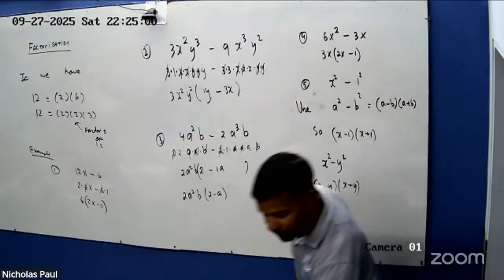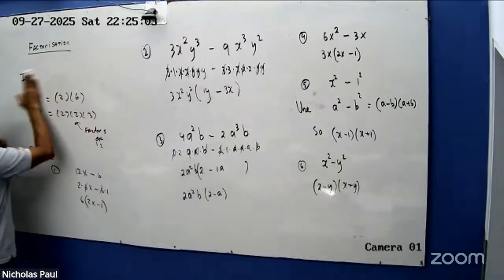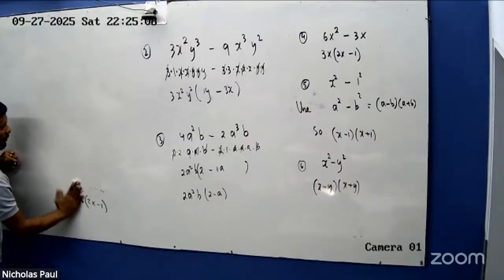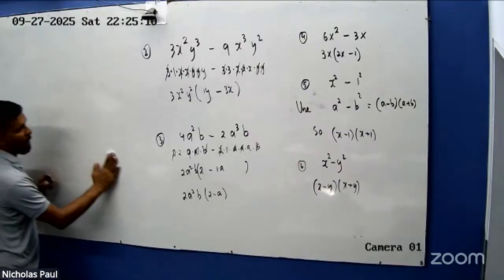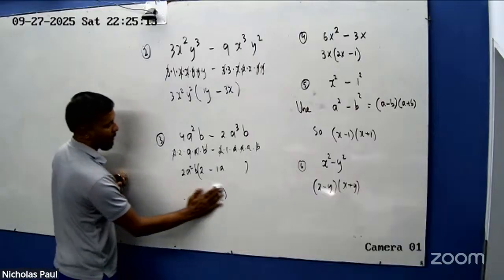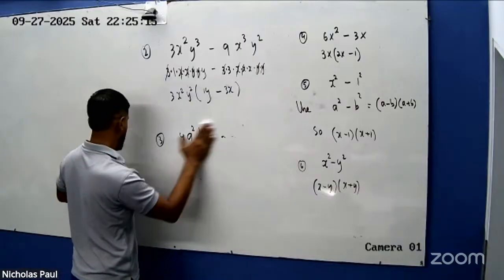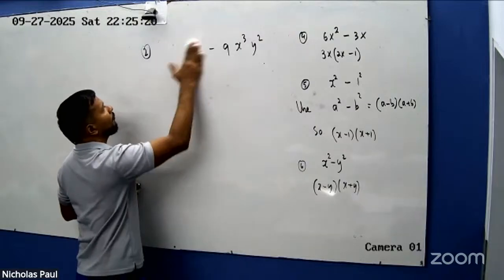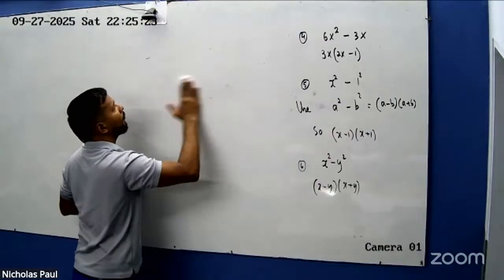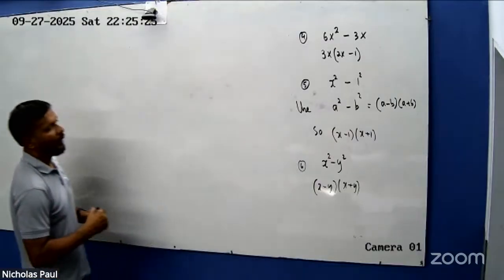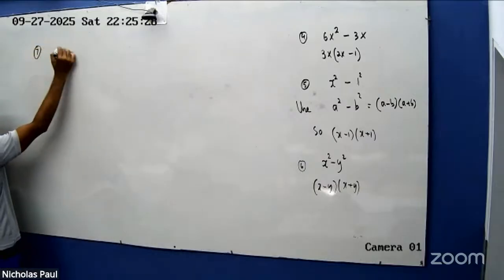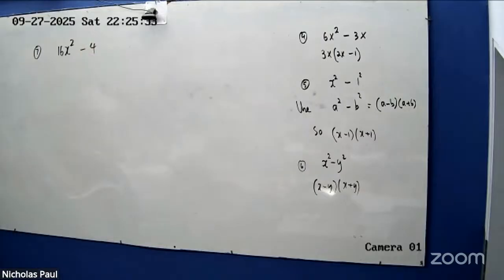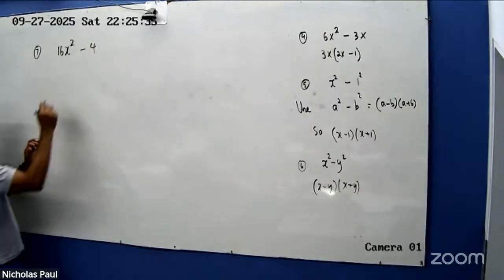Here's what they could do. They could give you something like this. 16x squared minus 9.